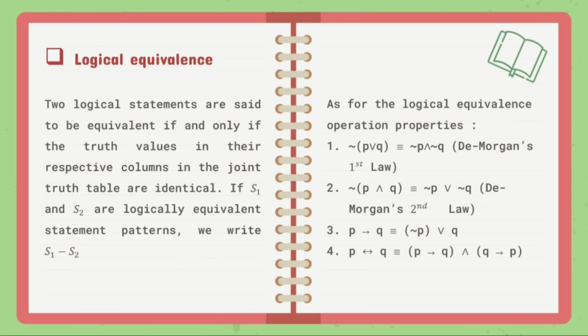And third, P implies Q is equivalent to negation P disjunction Q. And fourth, P bi-implies Q is equivalent to P implies Q conjunction Q implies P.